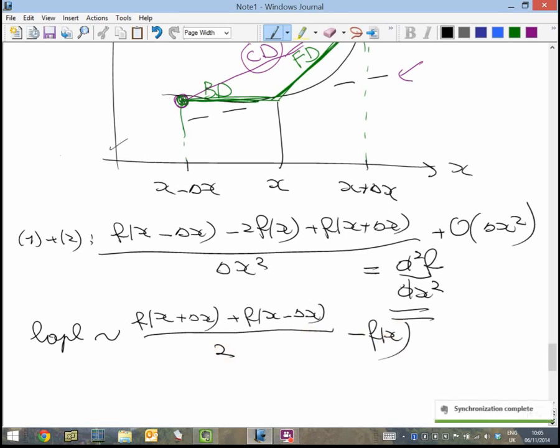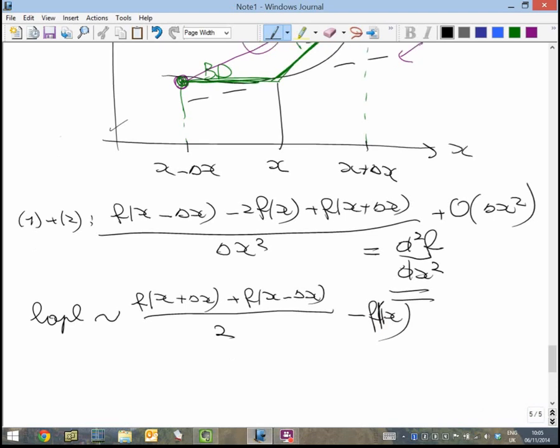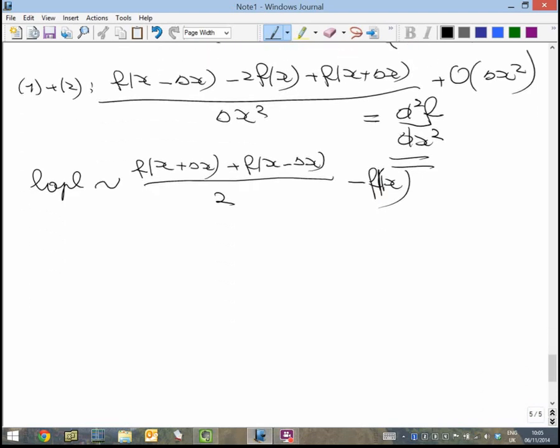This is just simply getting rid of the delta x here and then rearranging stuff a little bit and dividing it by 2. Okay, so now we have an equation. What does this equation tell us? If you were to put this in prose, in words, this tells you that the Laplacian is proportional to what's being represented here. What's the first term and what's the second term?